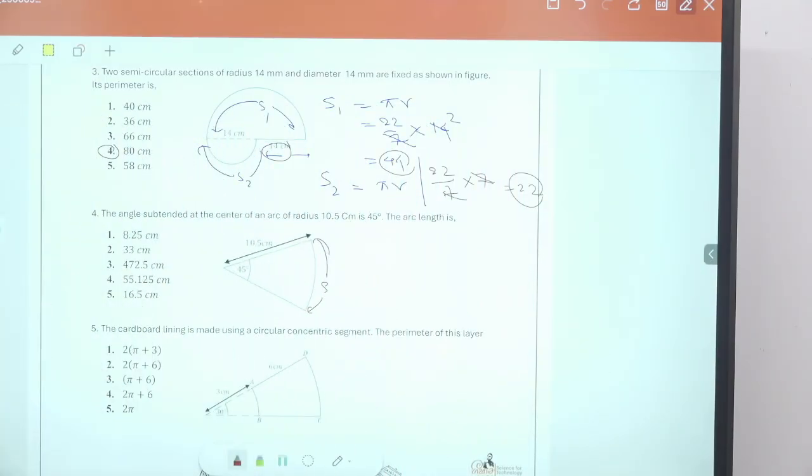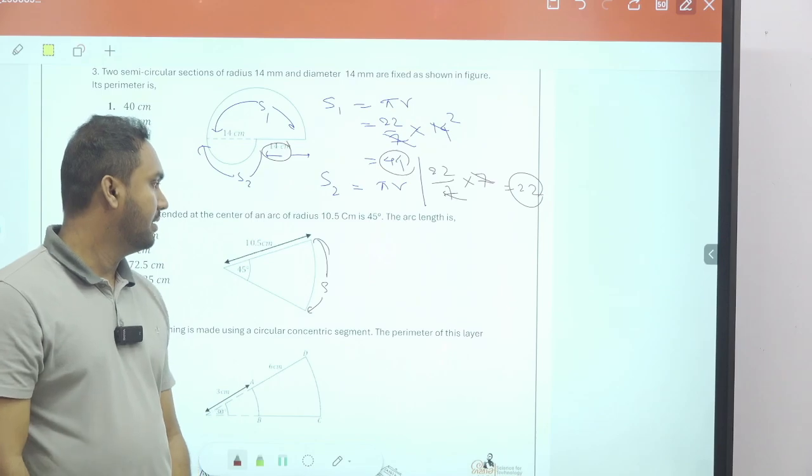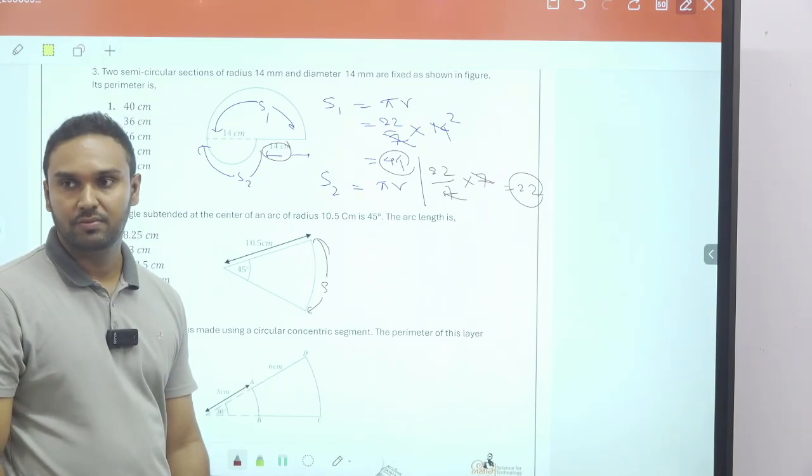Radians is S equals r theta. Then the theta should be in radians. 10.5 into theta, which is pi over 4.